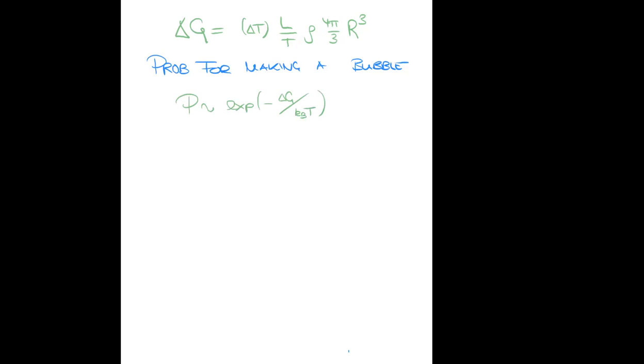If you're in the wrong phase, then you always lower the delta G in order to go into the right phase.